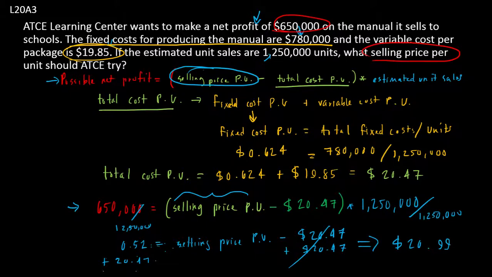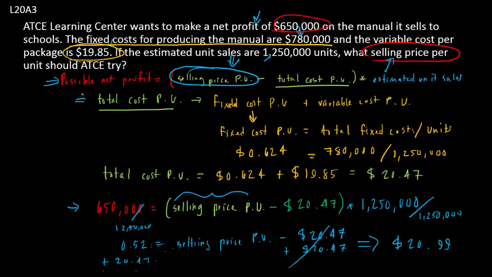Again, we got here by first determining that what we were looking for was selling price per unit. Although there's not an equation for selling price per unit, we were able to look at the other items in the text and assume that possible net profit was a good equation to use, with the ultimate goal of rearranging it to solve for selling price per unit. We picked out each piece of it that we needed to solve for.